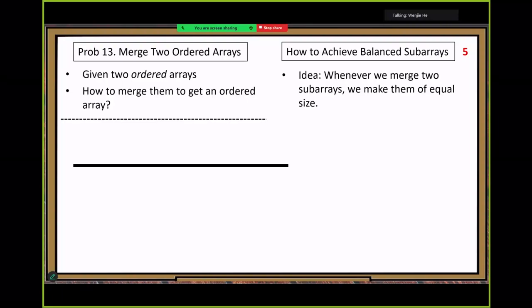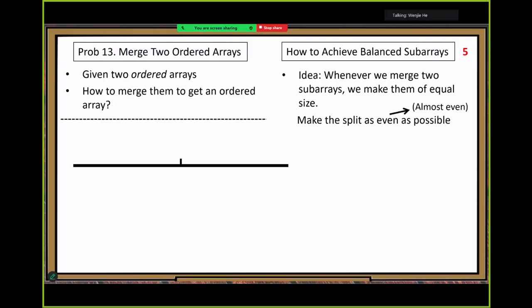Given an arbitrary array, this line segment represents the whole given original data. In divide and conquer, the first time we divide this whole array into two subarrays. So we split evenly, right in the middle.